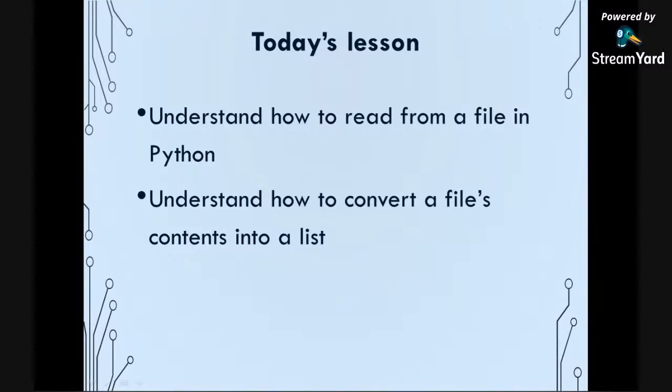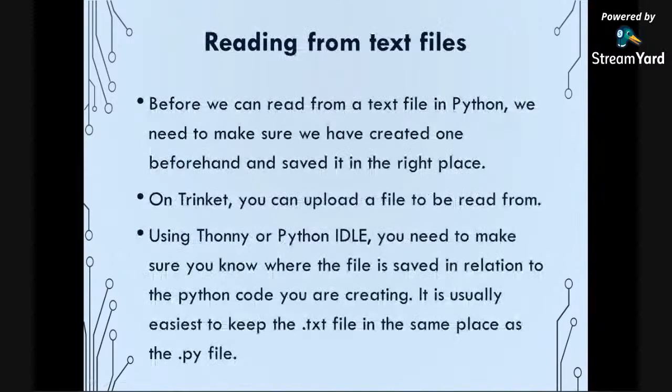Okay, so looking at how to read from a text file. Before we can read from a text file, we need to actually make sure we've set up a text file to read from. So we need to have created a text file and saved it in the right place. Now, on Trinket, you can upload a file, or you can even tell Trinket to create a file itself.